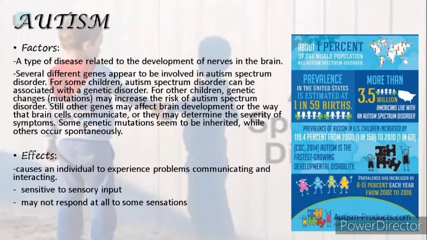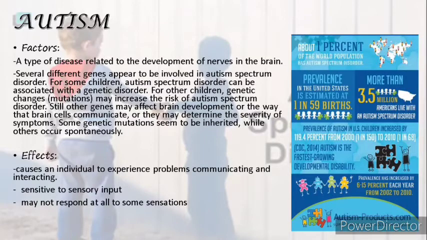The next is autism. Autism is a type of disease related to the development of nerves in the brain. Several different genes appear to be involved in autism spectrum disorder. For some children, autism spectrum disorder can be associated with a genetic disorder.